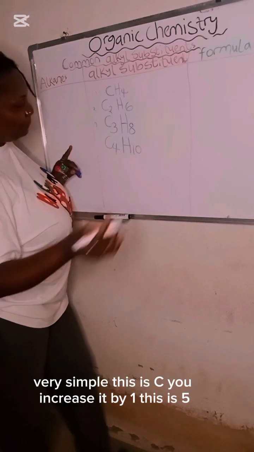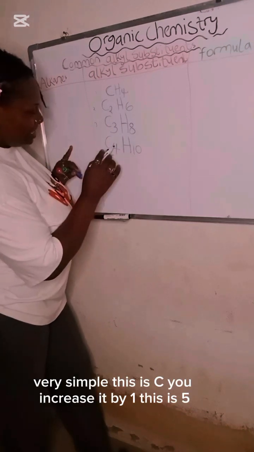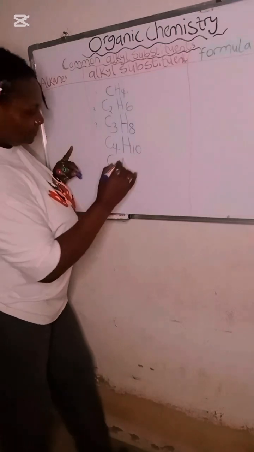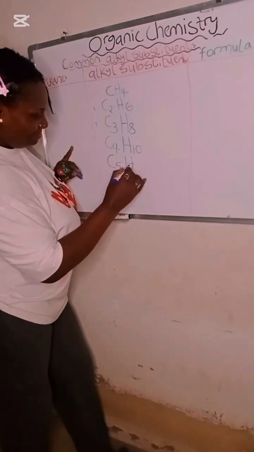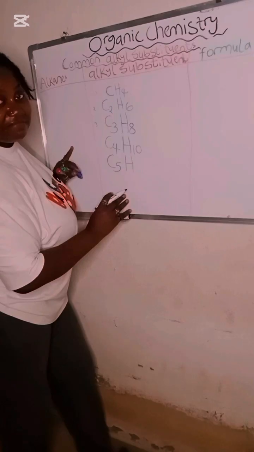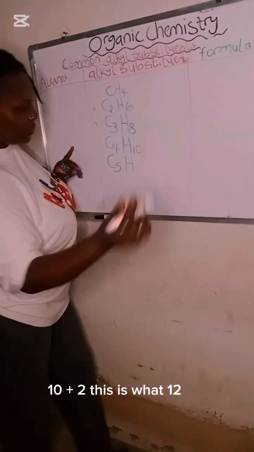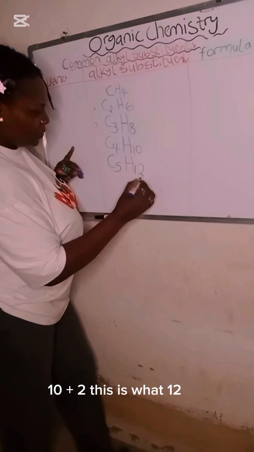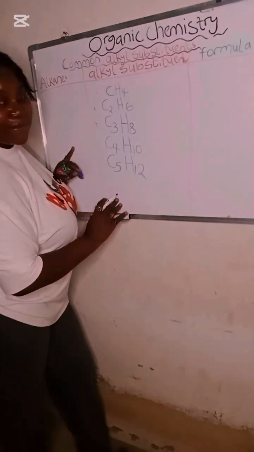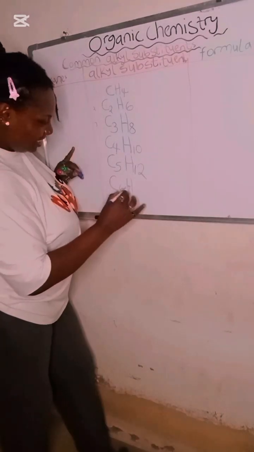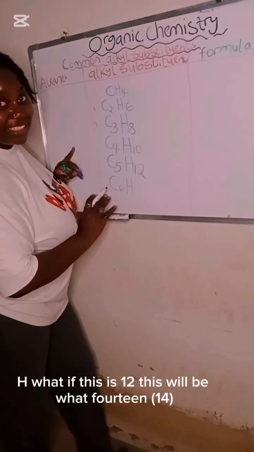Very simple. This is C, you increase it by 1. This is 5. What will be here? 10 plus 2. This is what? 12. C6, H what?